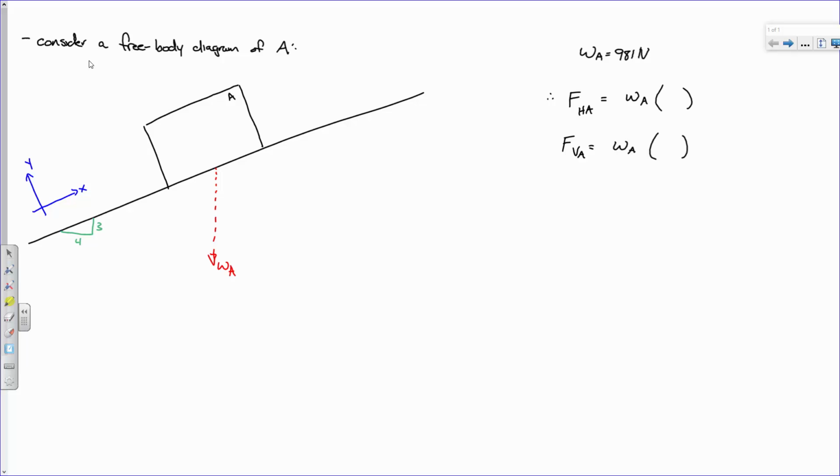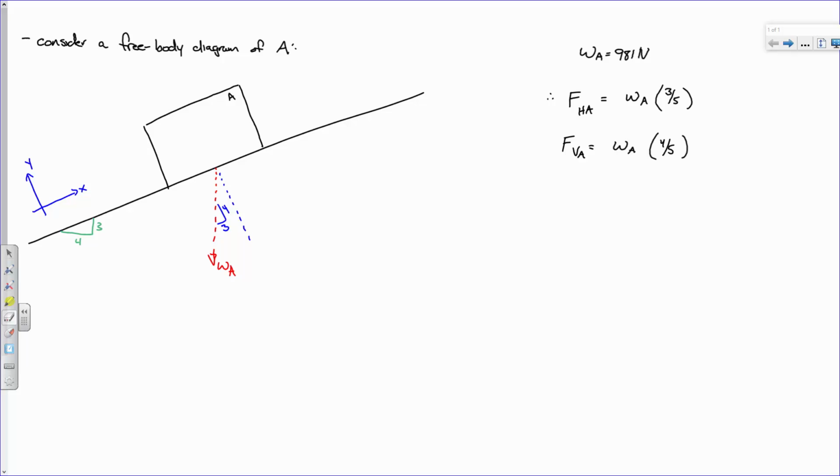The horizontal component here is 4 and 3, because the angle's flipped. See, our axis goes like that. So that is 3 and 4. Because the axis is flipped, I'm going to say this one is 3/5, this one's 4/5.